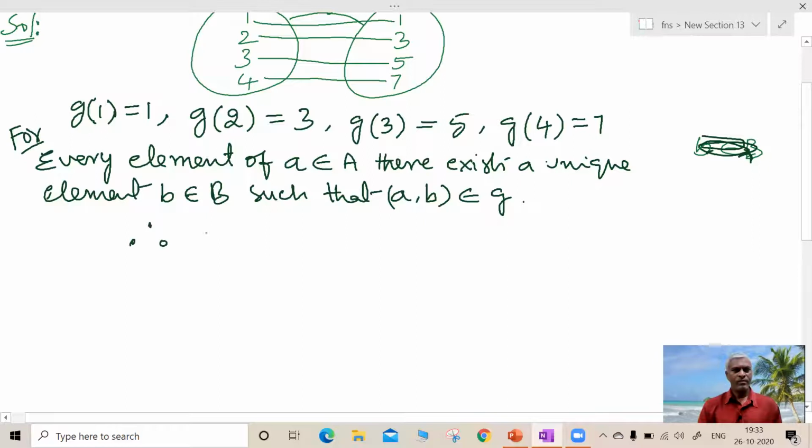Therefore here G from A to B is a function.